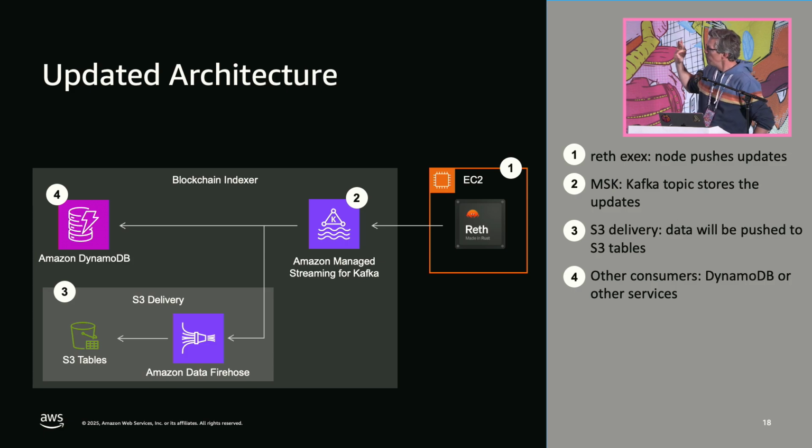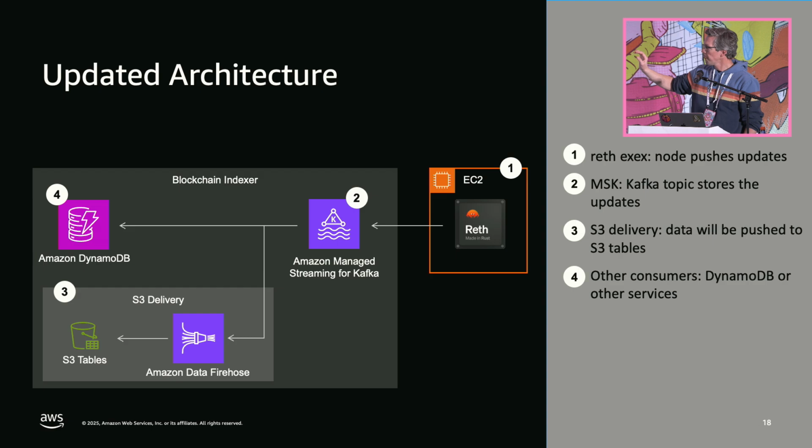So now the Reth node pushes data into our indexer, and we restructure the indexer itself. What we do here now is push the data into a Kafka queue, and then use that Kafka queue as our source of data for everything else. Kafka has this really nice ability that we push data into it, and we can have various consumers independently use that data. I've only drawn two different possibilities here.